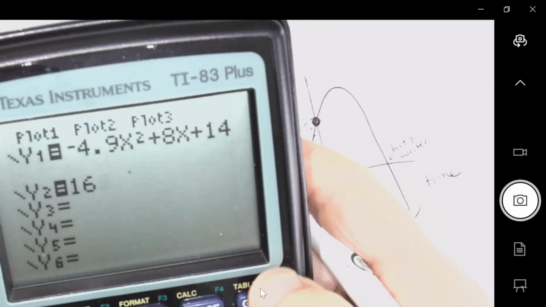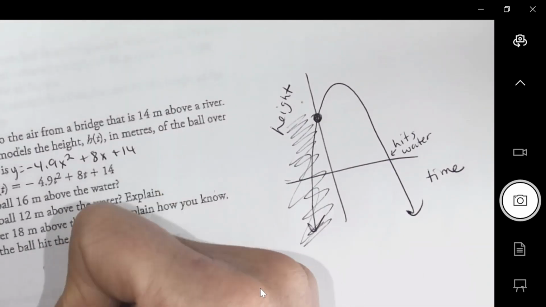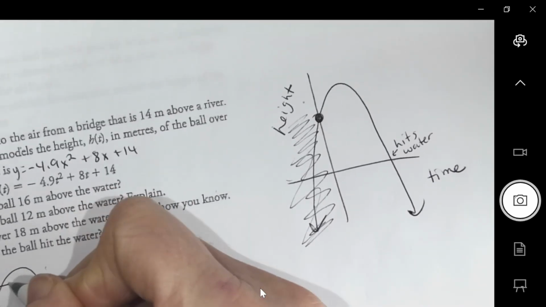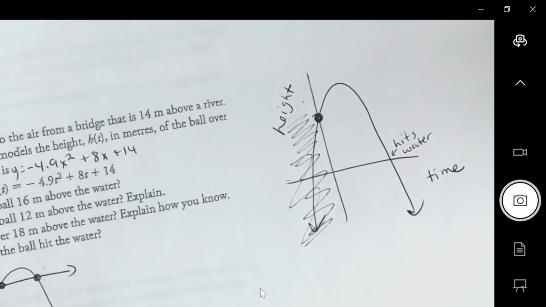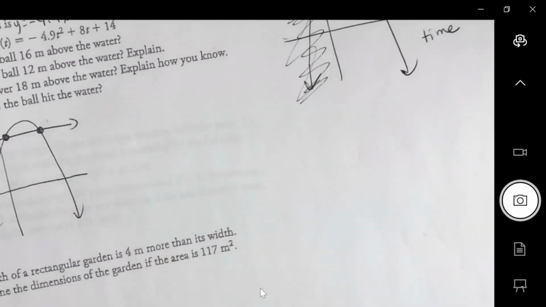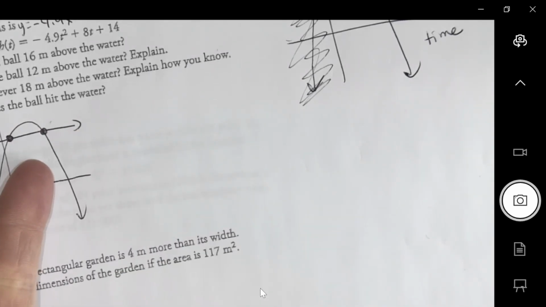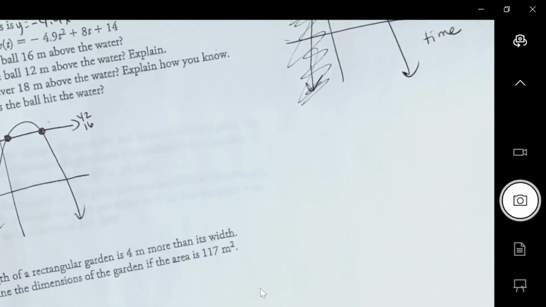So Y2 is 16. Are you noticing there's going to be 2 answers on yours? Does that look right where you're intersecting? Can you get both of them?